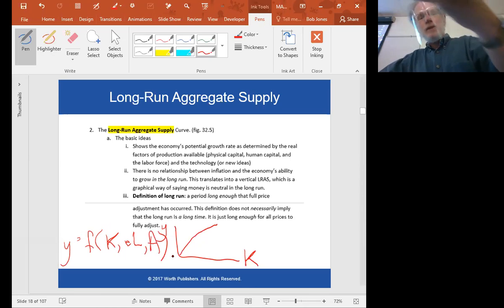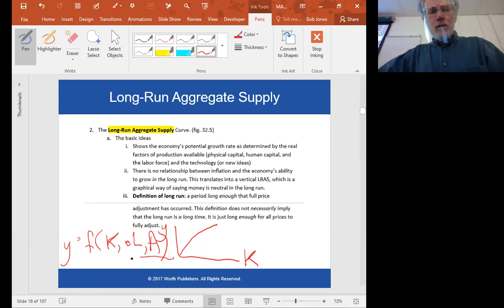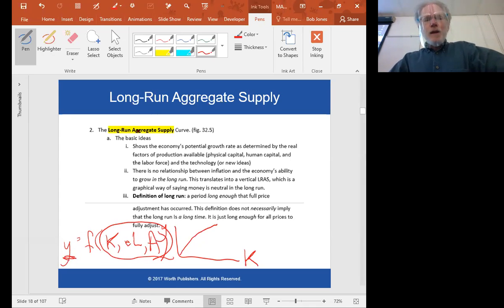The better technology we get, the more output we're going to be able to produce. These are the real factors that determine how much output producers will be able to produce. And so the long run aggregate supply curve is showing us the rate at which our ability to produce will change. And it's going to depend on these real variables.